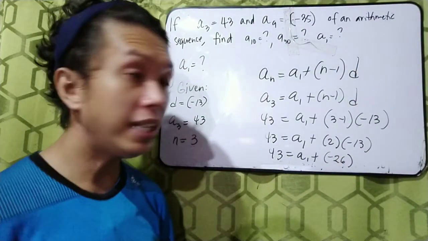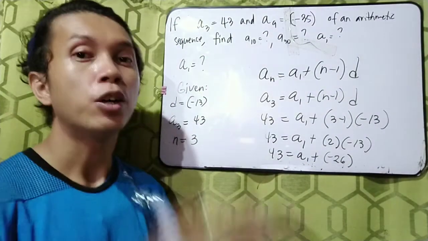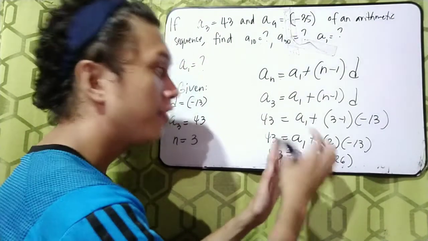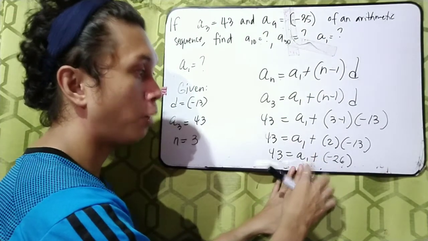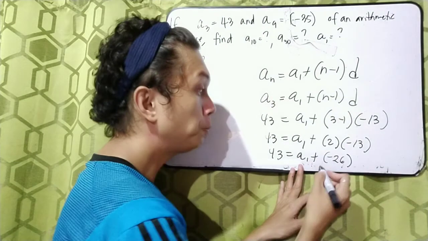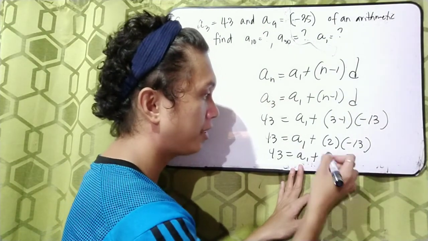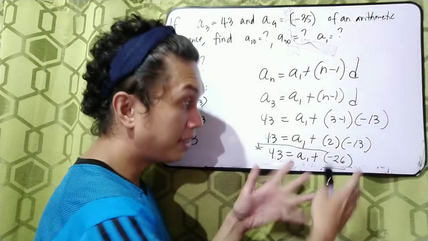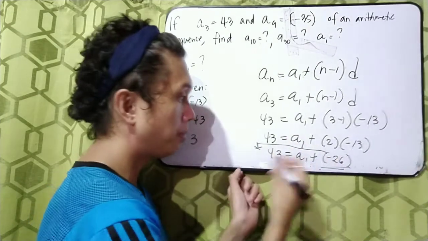Now we need to have a sub 1 only on one side of the equation. Since a sub 1 is here, whatever is the term with a sub 1 must be moved to the other side. So we are going to move negative 26 to the other side. Since this is negative and we move it to the other side, this becomes positive.